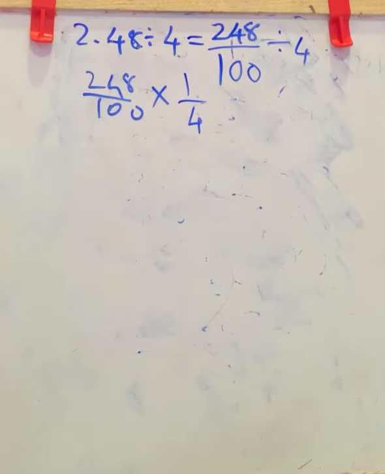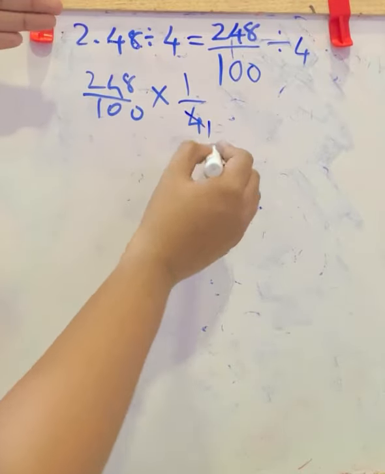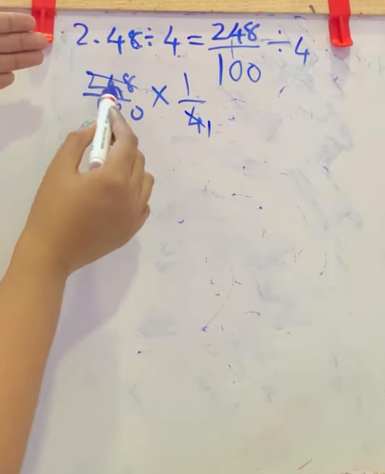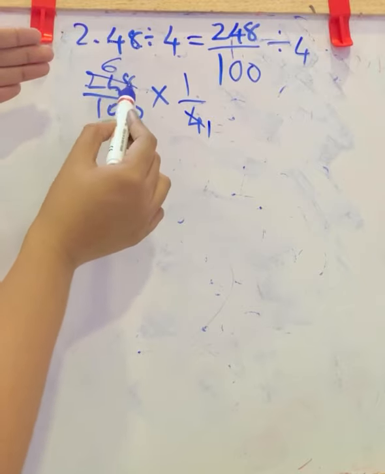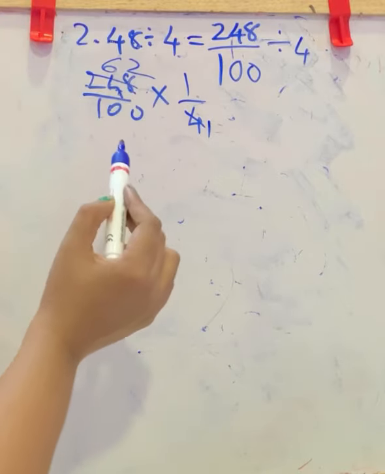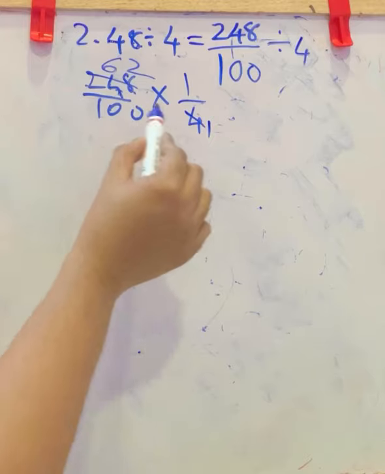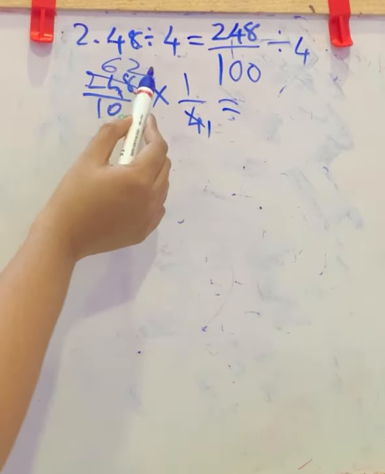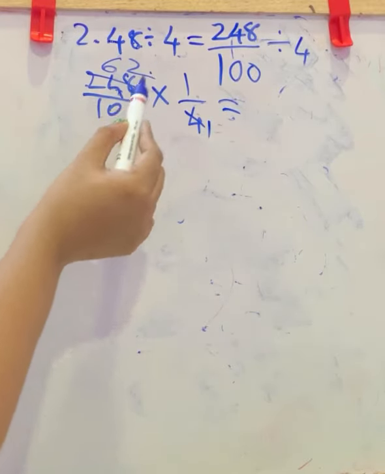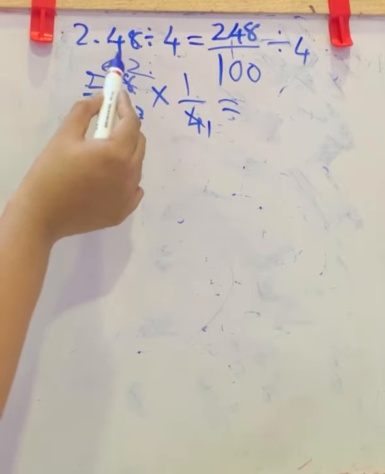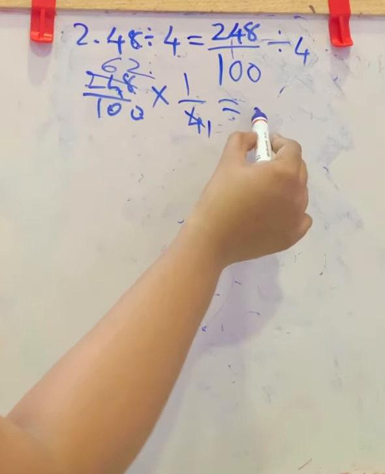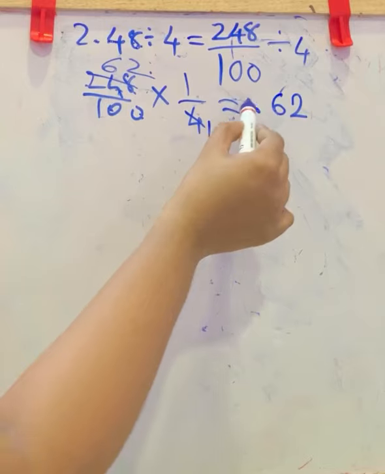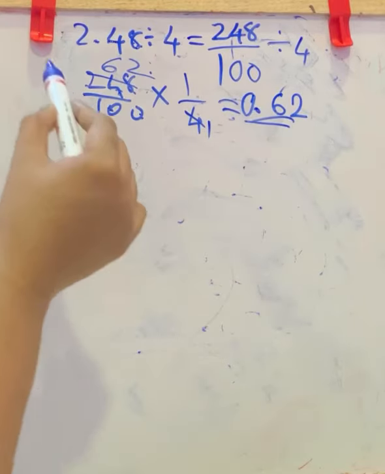Now in 248 and 4 we have 4 as the common factor. 4 ones are 4, in 24 6 4s are 24, and in 8 4 2s are 8. So 62 by 100 is the answer. Here in 62 the decimal will be placed 2 places to the left, so it reaches 0.62. That is 0.62 is the answer.